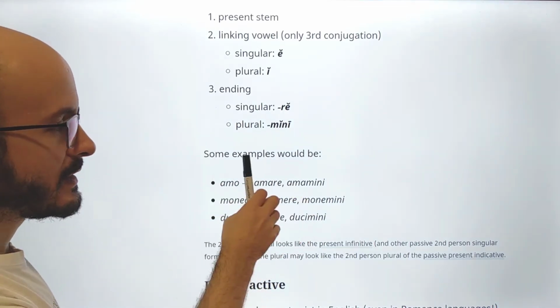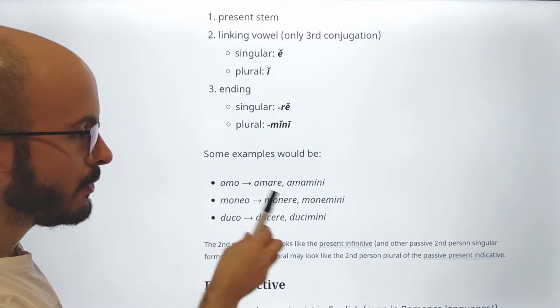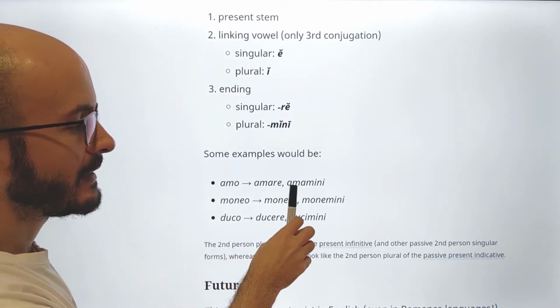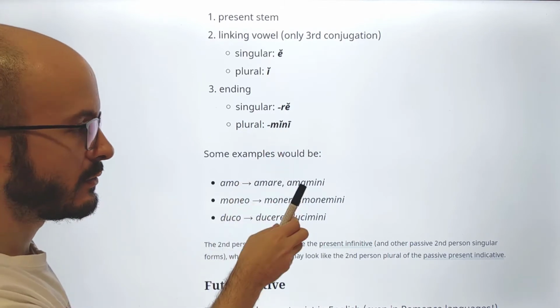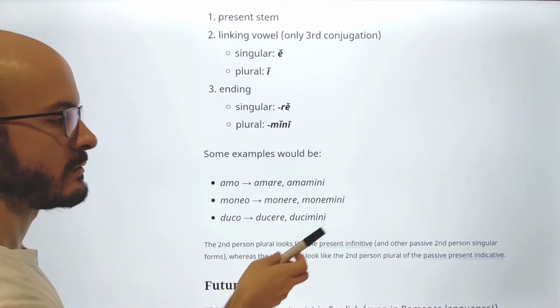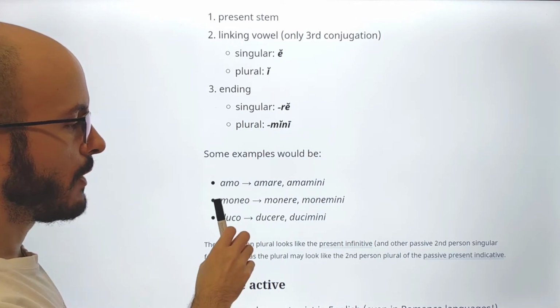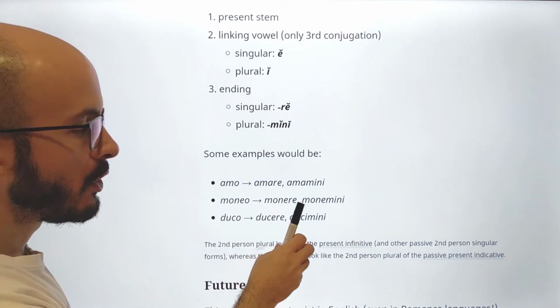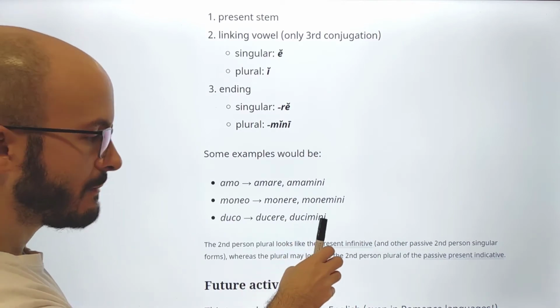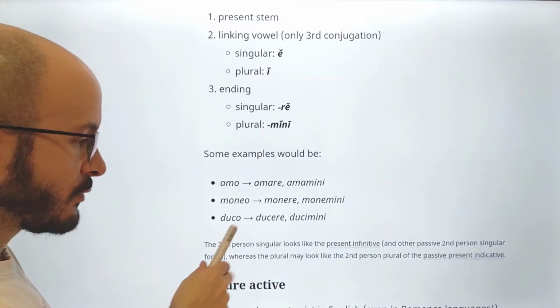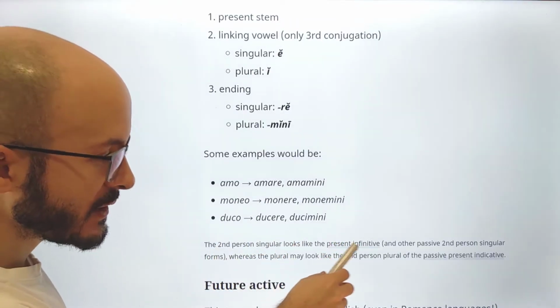Some examples would be, from amo, amare and amamini. Notice that this e is short, so the accent goes on the previous syllable: amamini. From moneo, we have monere and monemini. Duco, ducere, ducimini. So the second person singular can look like the present infinitive.